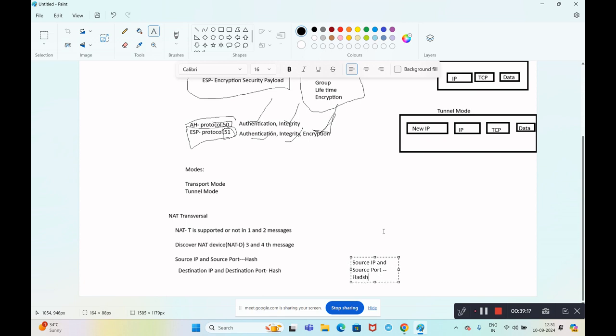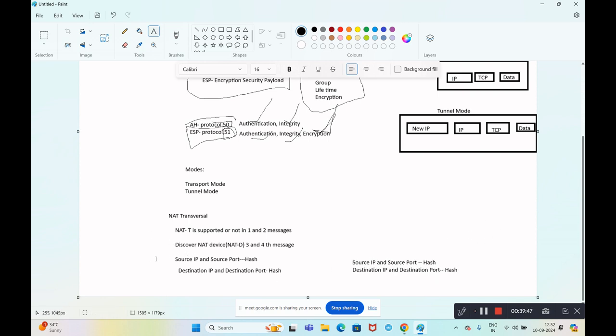They will calculate one hash value, and also the destination IP and destination port, site 2 will also calculate one hash value.